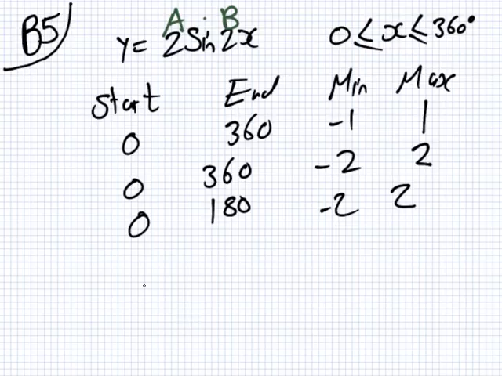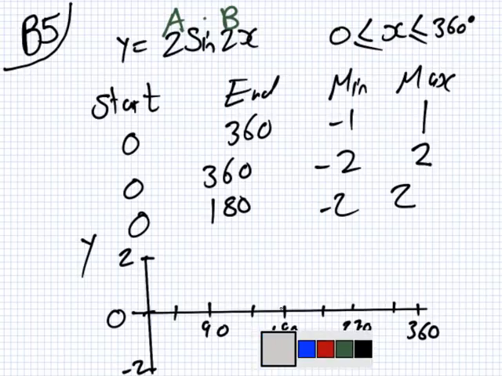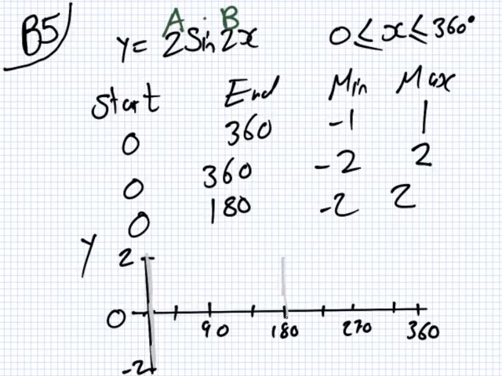Okay, so now we can draw it. This is 2. This is -2. This is 0. And then I need to go to 360. So there's 180, there's 360, there's 90, there's 270. Right, so it starts at 0, so I'll put a line in here, and finishes at 180. It goes from -2 to 2. I split this up into 4 boxes.